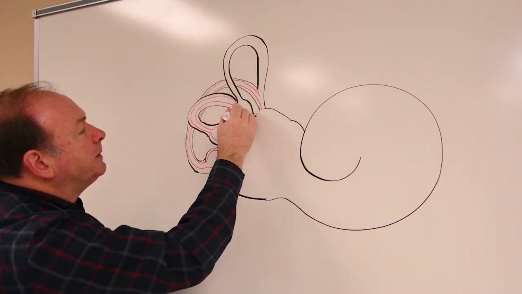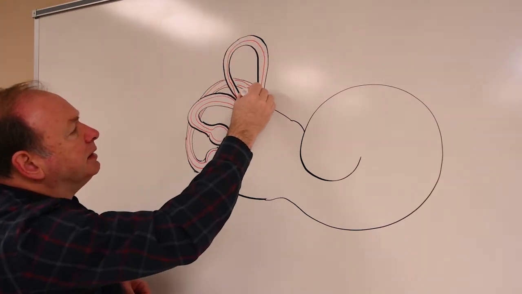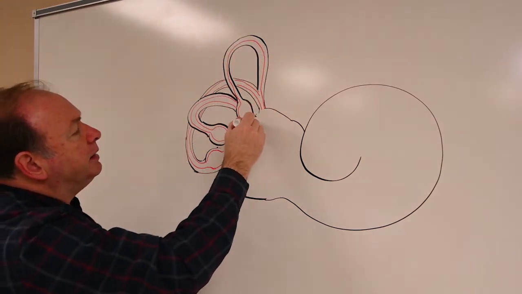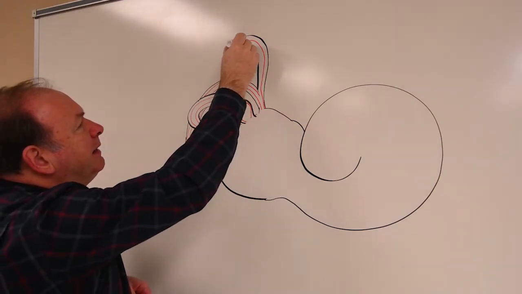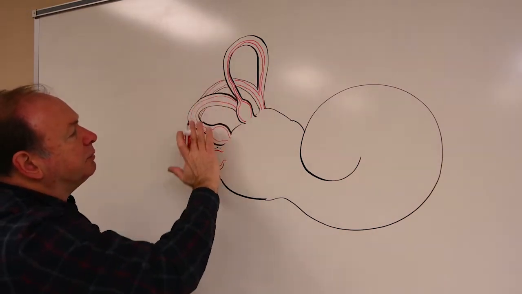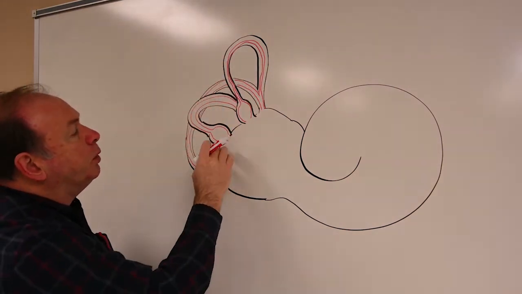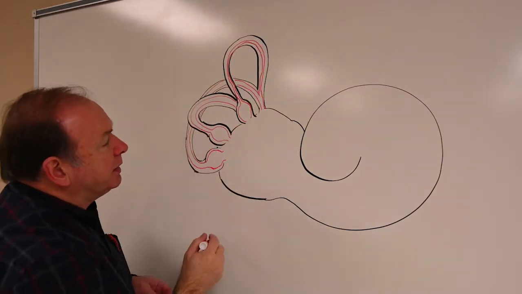And then here's the third one. It's important to note that each of these ducts of the semicircular canal is in a different plane. There's one running this direction, kind of in the plane of the board. There's one that goes back, and then there's one that goes up. So we have three of them here.